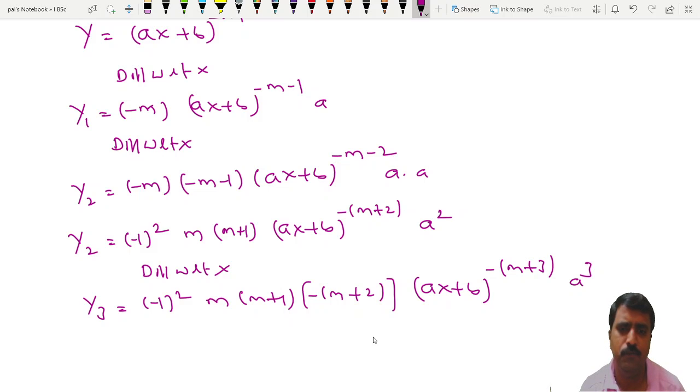So now y3 can be written as y3 is equal to minus 1 whole cube, because you take this minus outside and multiply this with minus 1 whole square, then it gives minus 1 whole cube. Minus 1 whole cube into m plus 1 into, if you take this minus outside, m plus 2.